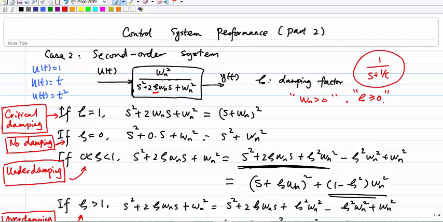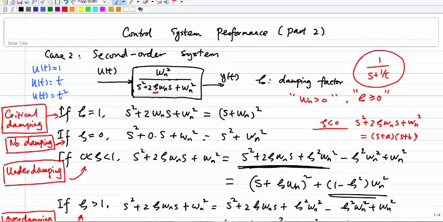That is the assumption we typically make, because if theta is less than 0, then s squared plus 2 theta Wn s plus Wn squared can be written as s plus something times s plus something. You get real solutions, so it goes back to the first order system. You decouple it as two first order systems, right? So this won't be covered in this case. Here we talk about theta being non-negative.